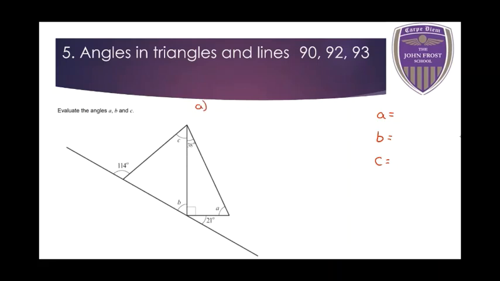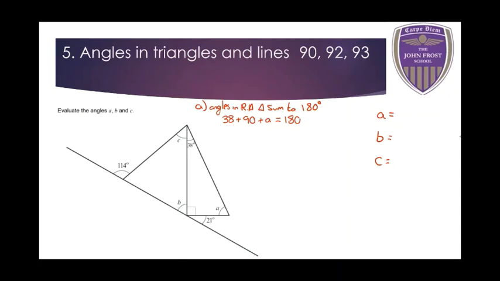So let's think about which rule we're going to use here first. Okay, so it looks like we've got a right angle triangle. So we know that angles in right angled triangles sum to 180 degrees. So all the angles in a right angle triangle add up to 180 degrees. What angles have we got? Well, we've got the angle 38 in the top corner. So 38, we've got this right angle here, plus 90, and we've got our angle A. These should equal 180.